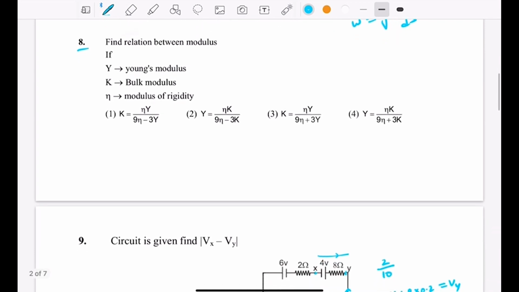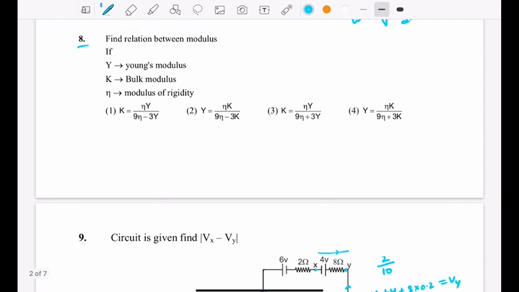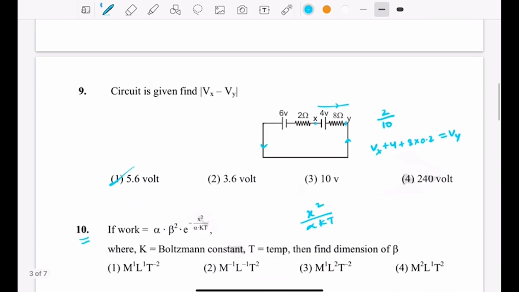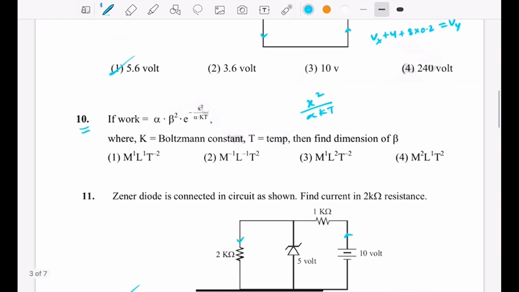Somewhere I remember it like this. 1 minute. Let me come back to this one.